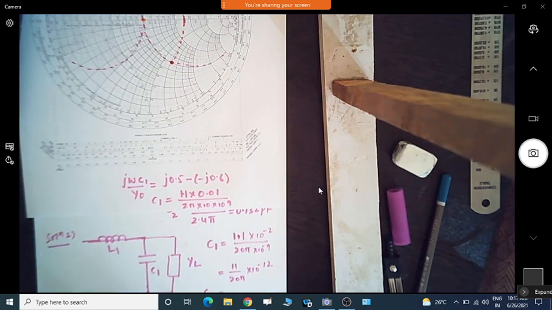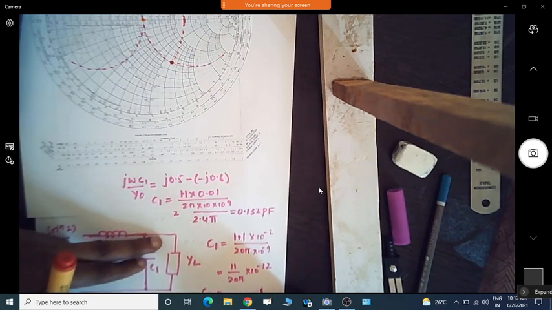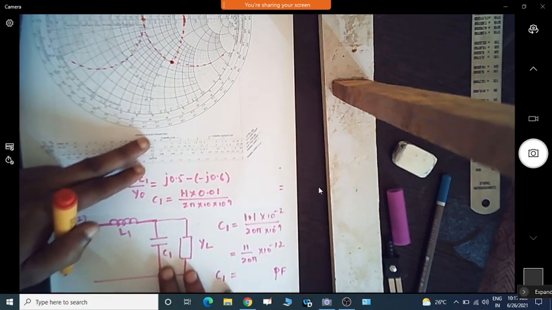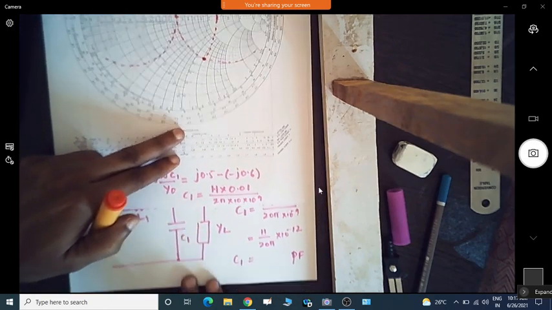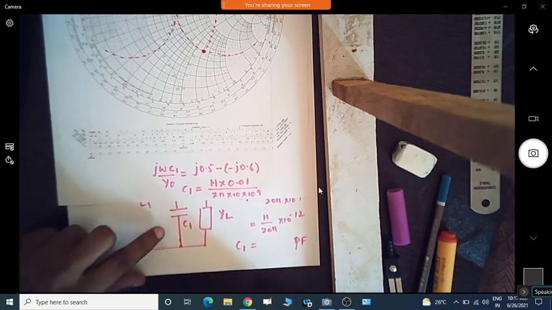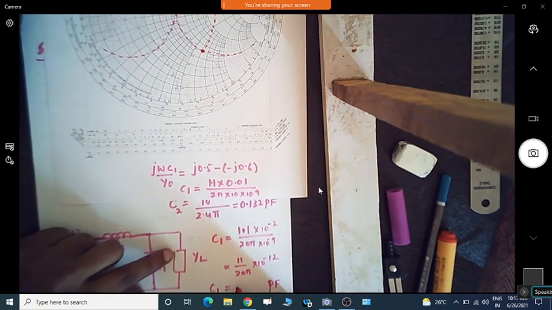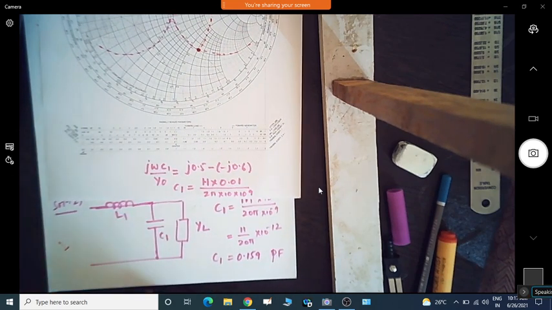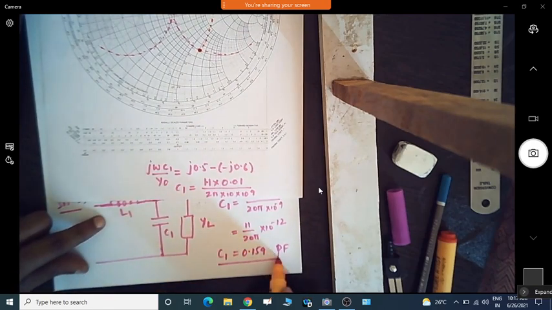What is the value? This type of problem, in examination, at least one problem of this type will definitely come. So if you practice, then you will get it. Sir, 1.59 into 10 power minus 13. Yes, sir. Okay, we will take it as 0.159 picofarad. So this is the capacitance.